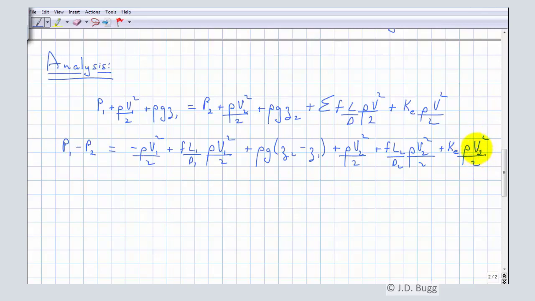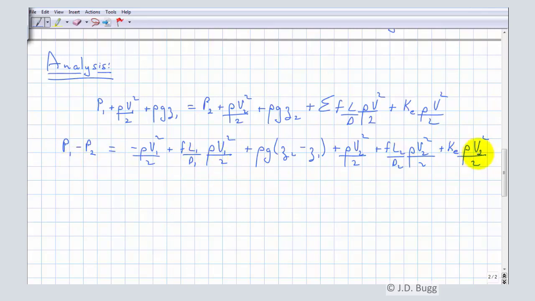If we wanted, we could put V1 here, and we would just have to state that that minor loss coefficient was based on the inlet, so that when somebody goes to use this minor loss coefficient, they know which velocity to base it on.